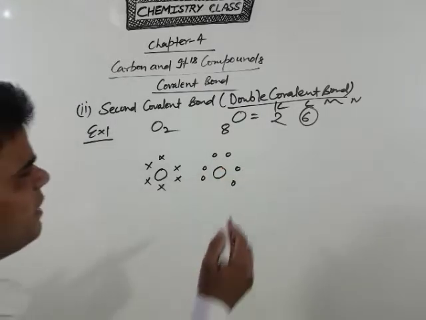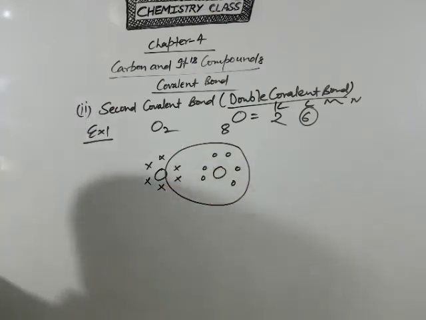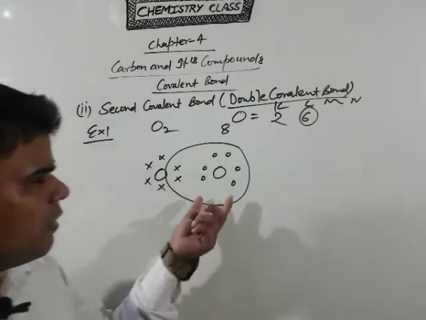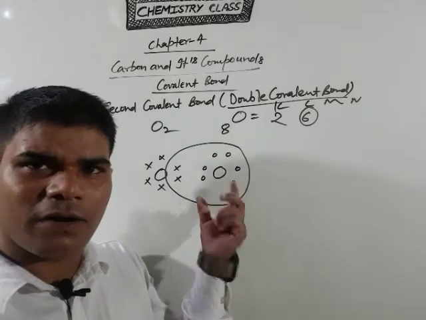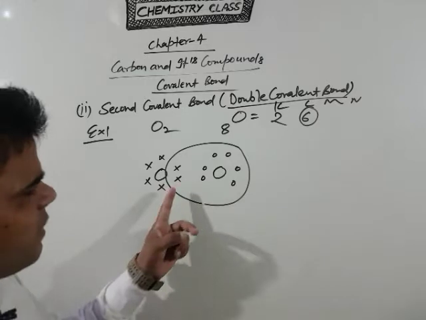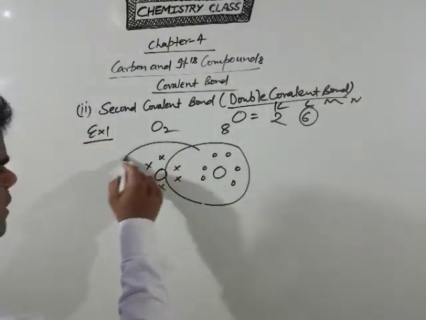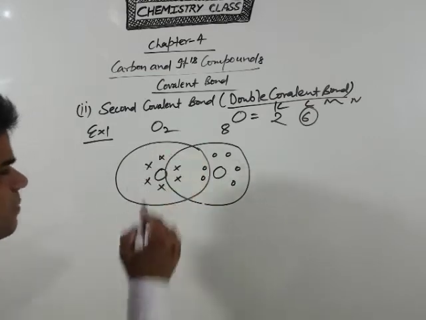For stability it will complete, or you can say follow, the octet rule. It already has 6 electrons, and for stability needs 2 more electrons. That's why it takes electrons from the other oxygen atom. Same for the other oxygen atom. Clear?